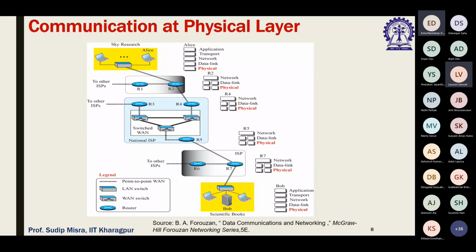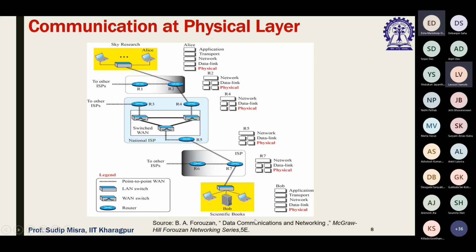All the devices in Sky Research have physical layers, and these physical layers are going to talk to the physical layers over here, over here, and over here. All of these physical layers are going to talk to each other.